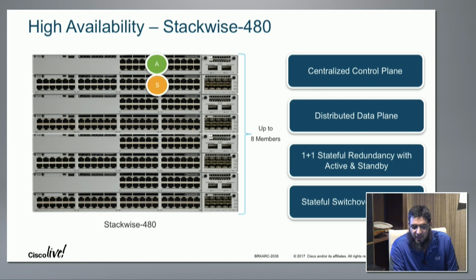It can stack up to 8 members, with a centralized control plane and distributed forwarding plane. It can have 1+1 stateful redundancy, which means if the active switch fails, the standby takes over in less than 250 milliseconds. So if you are running a video through this system, you won't even see a glitch, right?